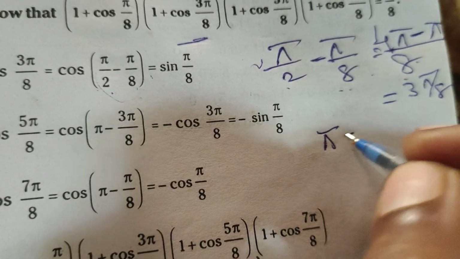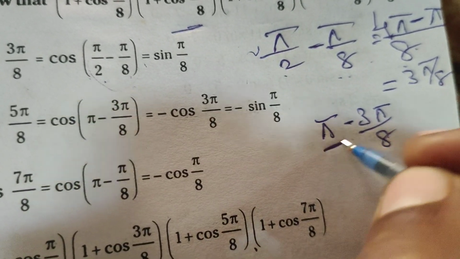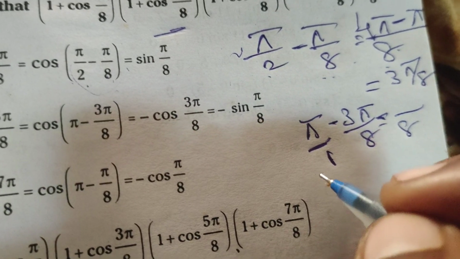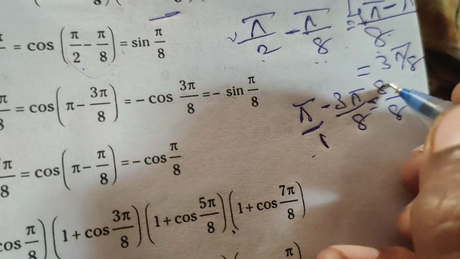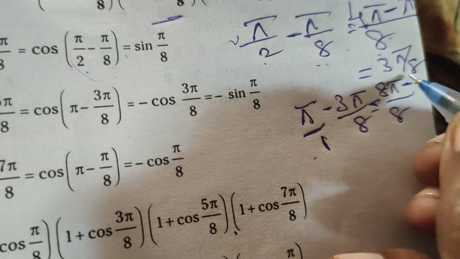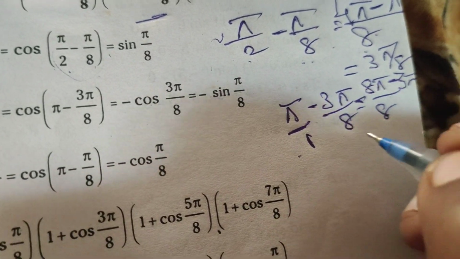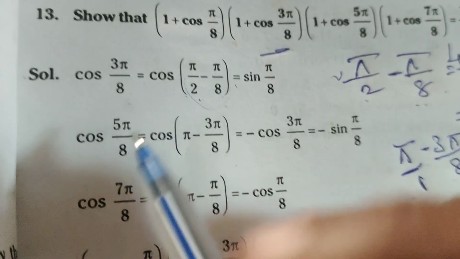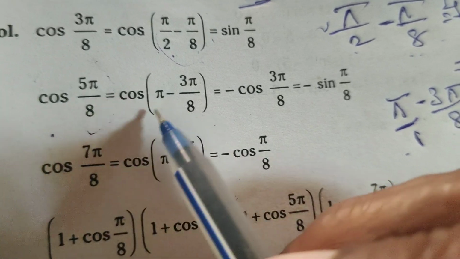Pi minus 3 pi by 8, with pi divided by 1, taking the LCM 8: 8 pi minus 3 pi means 5 pi by 8. So we get cos 5 pi by 8.